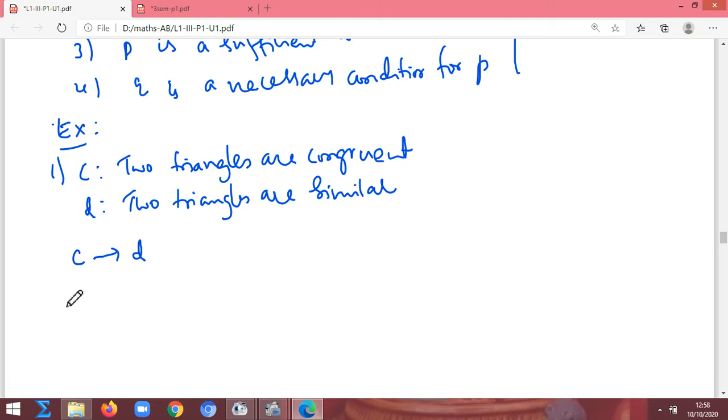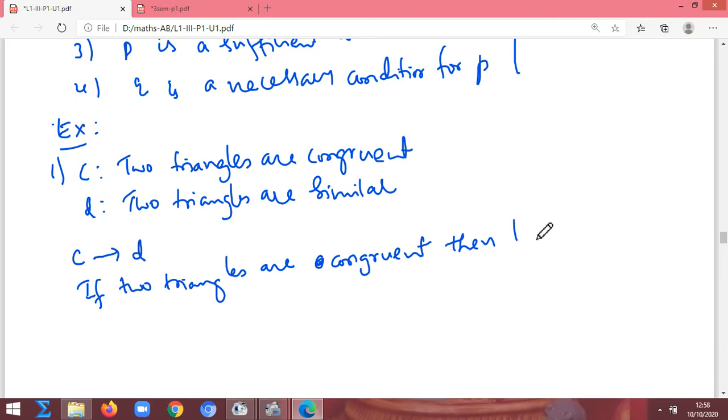Use 'if' before C. Statement C is: two triangles are congruent. If two triangles are congruent, then they are similar.